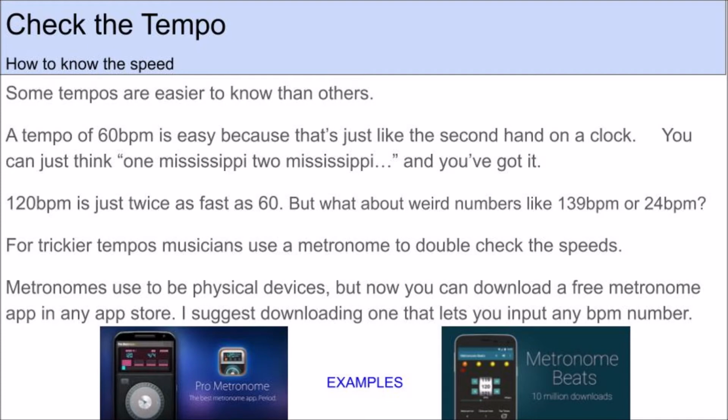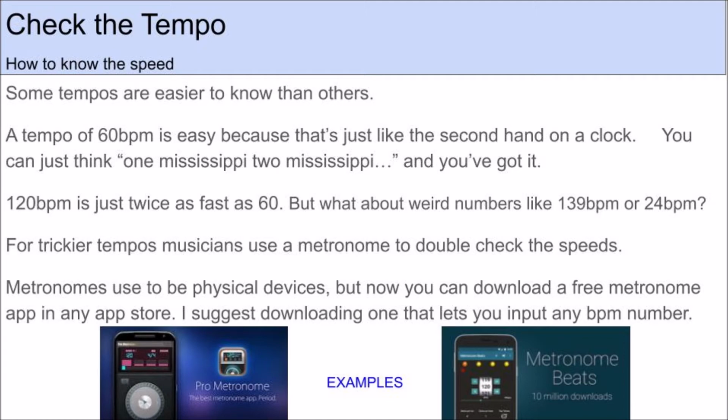For example, if the tempo is 60, well, we know that there are 60 seconds in a minute. So if you have 60 beats per minute, you can just think 1 Mississippi, 2 Mississippi, 3 Mississippi, and that's your pulse. If your tempo is 120 beats per minute, then you just double that.